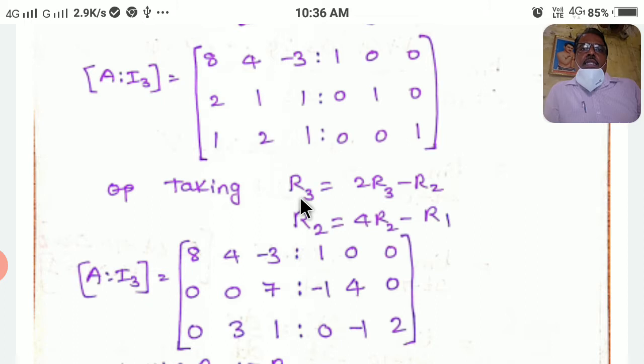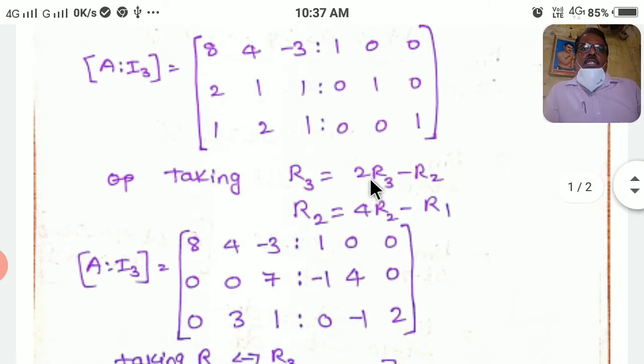Also R2 is equal to 4R2 minus R1. These two operations we make. So 2 into 1 is 2, 2 minus 2 is 0, 2 into 2 is 4, 4 minus 1 is 3, 2 ones are 2, 2 minus 1 is 1.